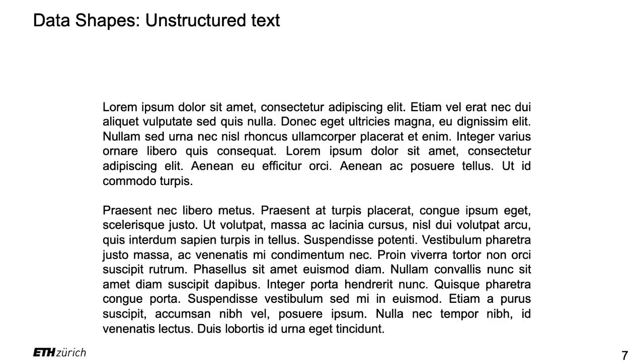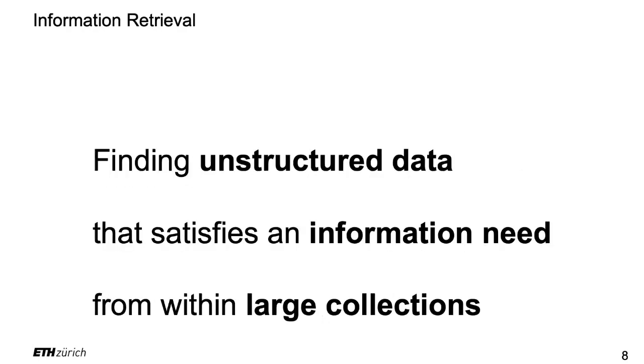But first with web search 20 to 30 years ago, and plus now all the large language models, I think that this is suddenly catching a lot of people's attention right now. And this is the focus of information retrieval. So information retrieval is about looking for information in collections of unstructured data, right?